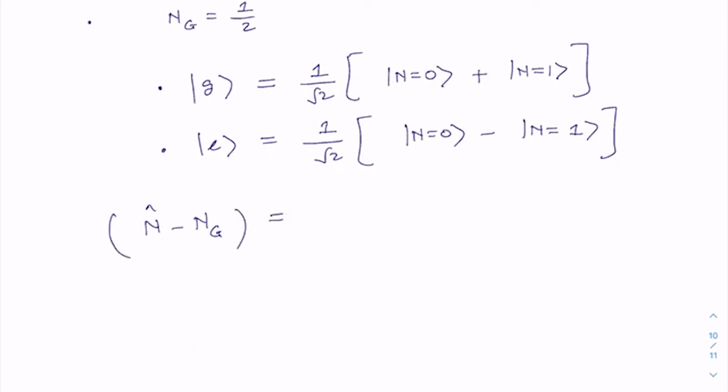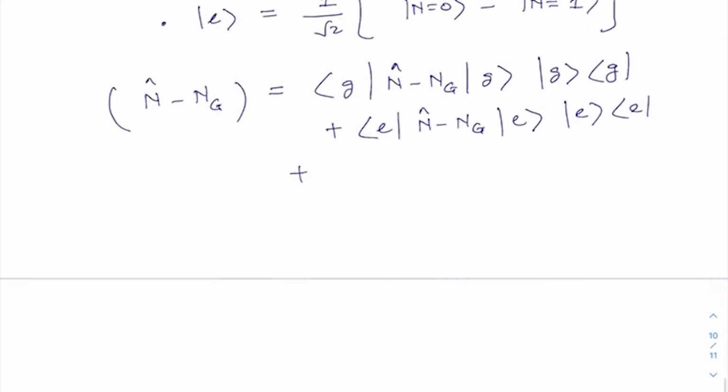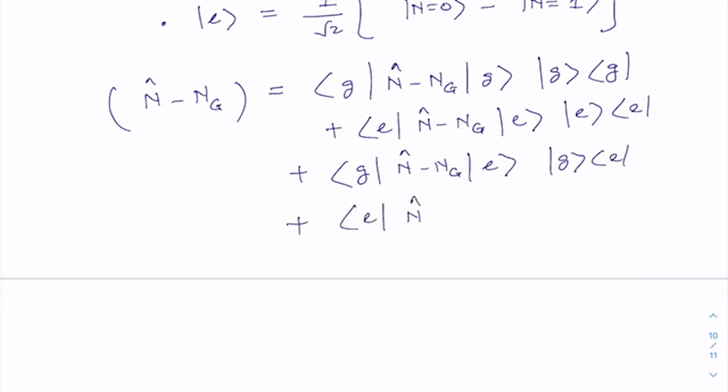So let me just quickly give you, we can write it as the sum over z, e of bra i, n minus nz, ket j. You just have to expand it, there will be 4 terms. So very straightforwardly you can do the calculation here: z, n minus nz, z; z, n minus nz, e; e, n minus nz, z; and e, n minus nz, e.